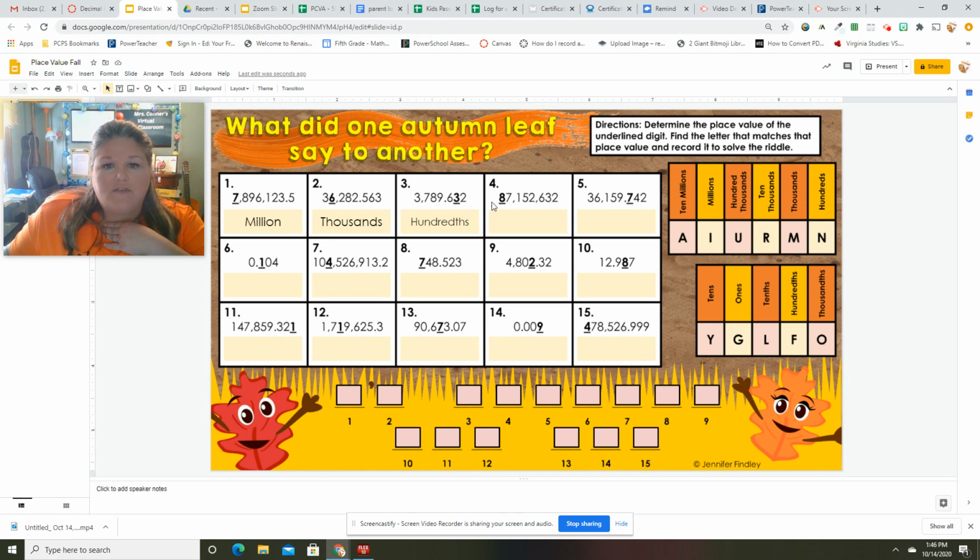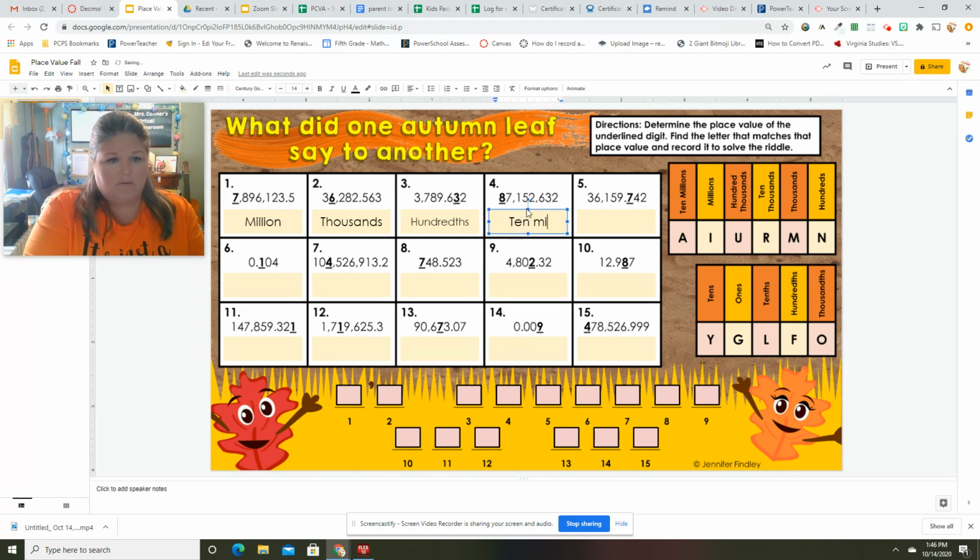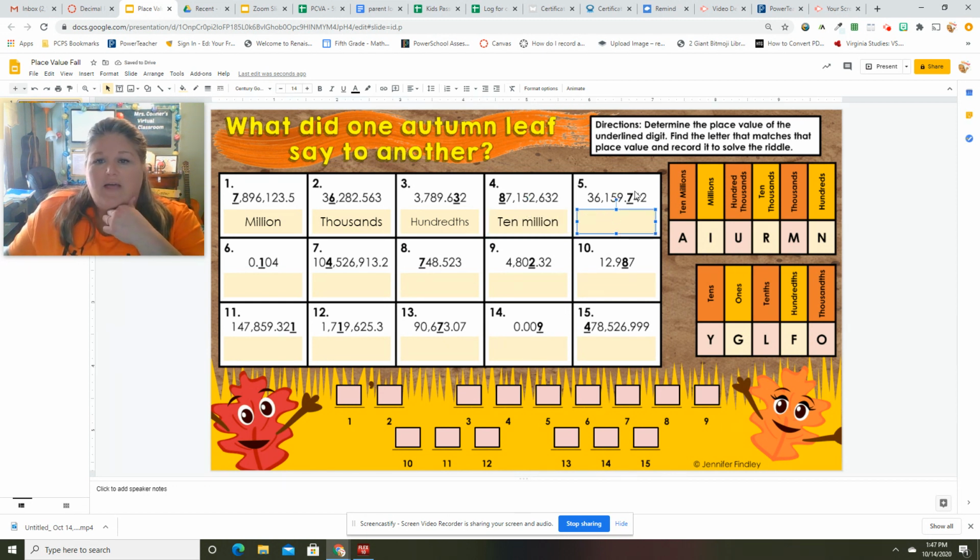So they're looking for this place value right here. I've got my hundreds, my thousands. So this is in the millions place value. This would be 1 million. This would be 10 million. All right. Last one we're going to do together.